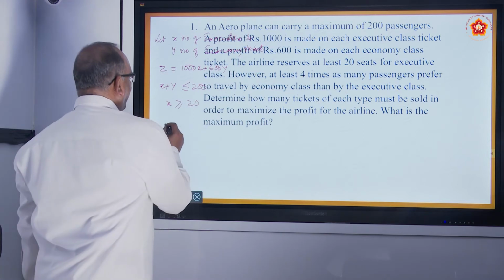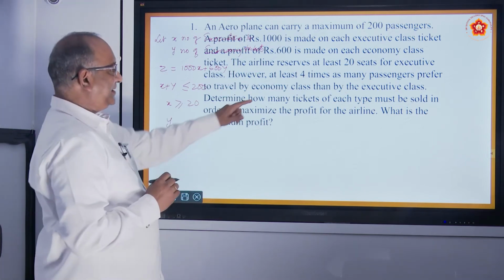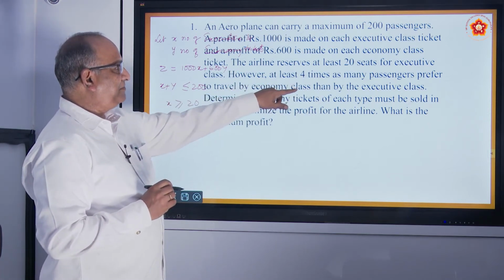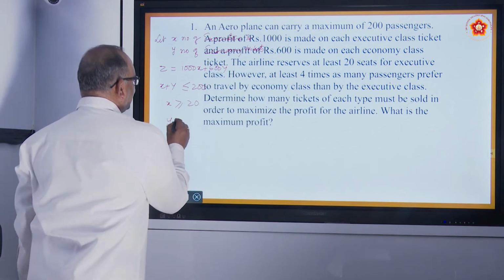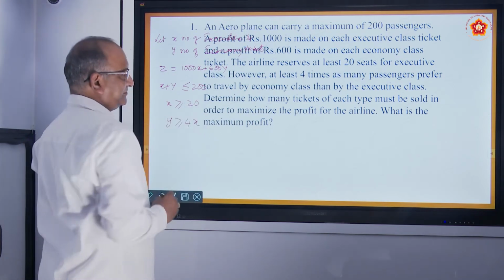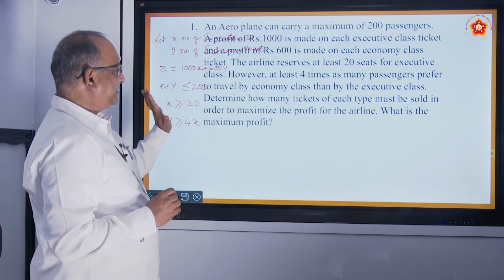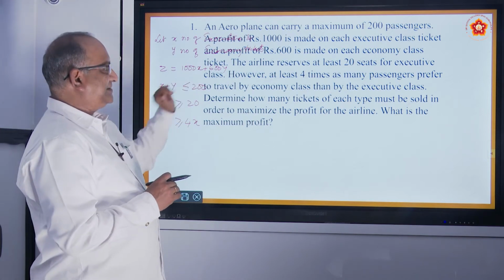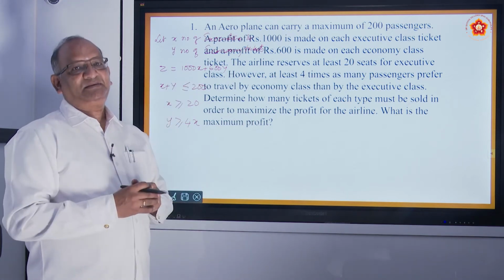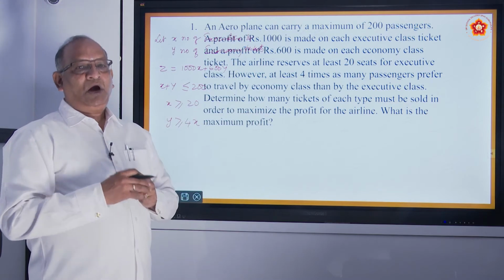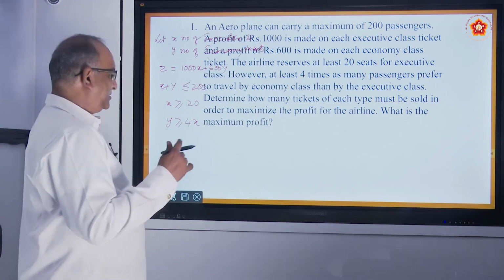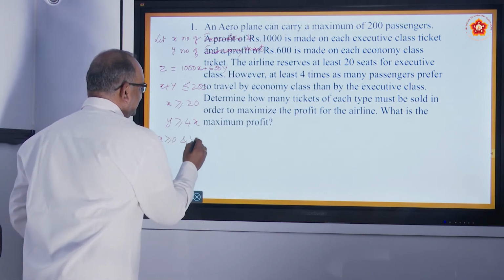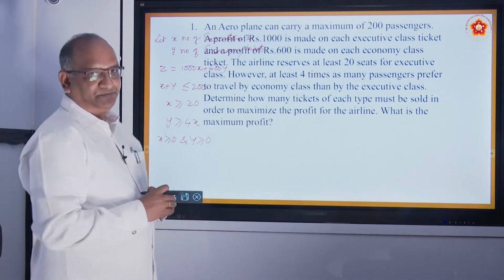Y. He says 4 times as many people travel by economy class than by the executive class. So Y is greater than or equal to 4x. So this much information is being given to us. We want to know what is Z, and we know that the number of seats on executive class or economy class are going to be 0 or more. So X is greater than or equal to 0, and Y is also greater than or equal to 0.